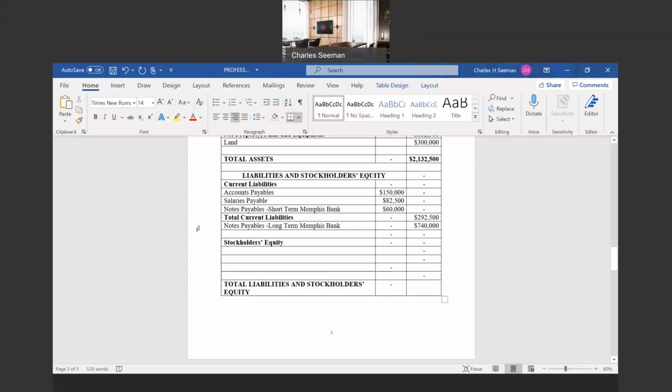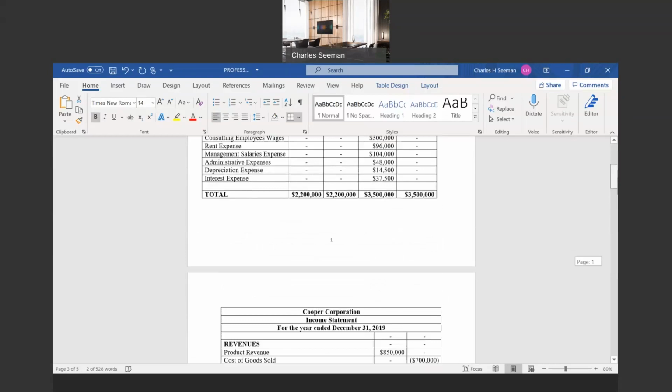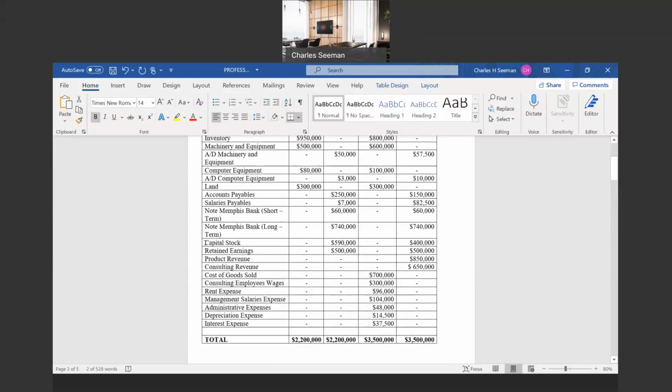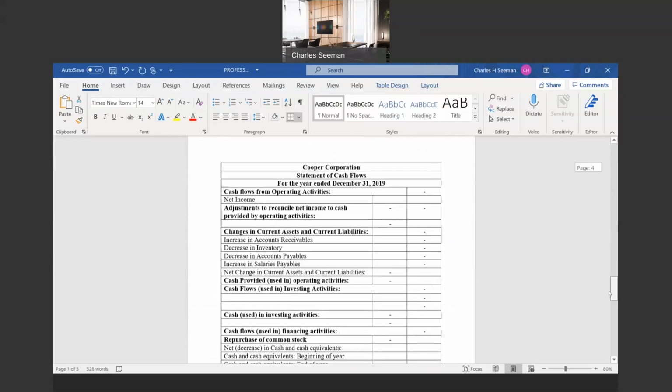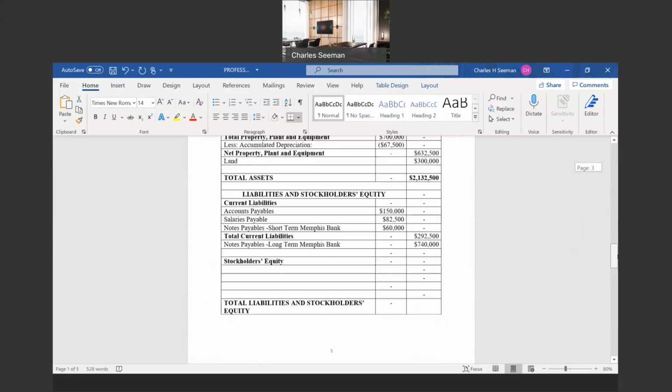Now we get down to the stockholders' equity section, which is the last part on the right side of the basic accounting equation. And we're going to look at retained earnings and capital stock. The order does not matter. I'm going to put capital stock first just because it shows up first on the trial balance.